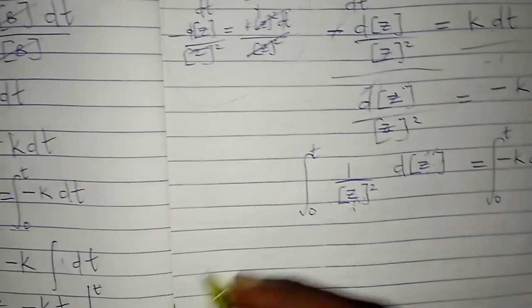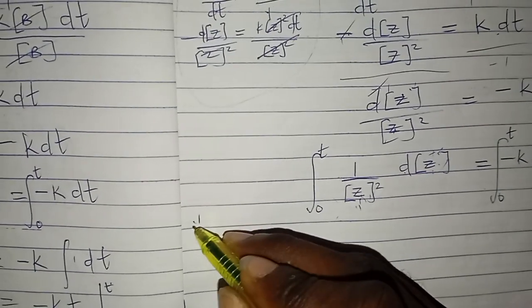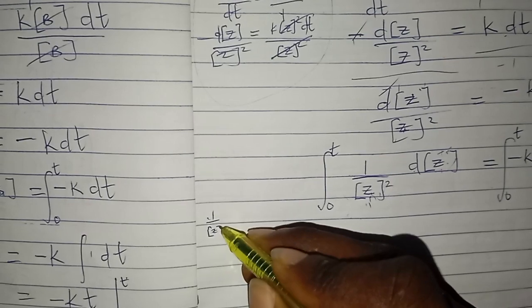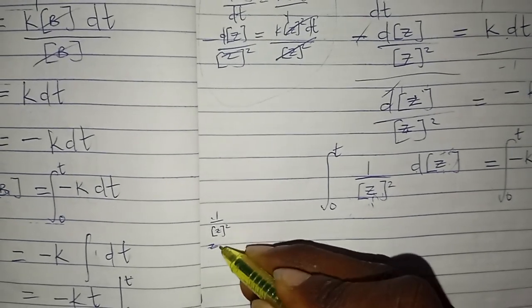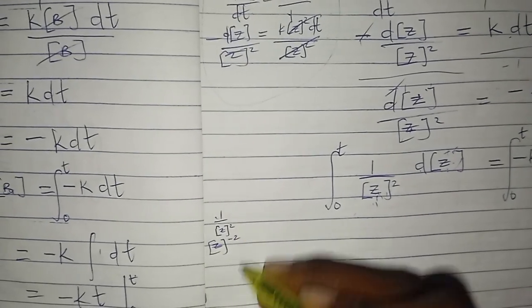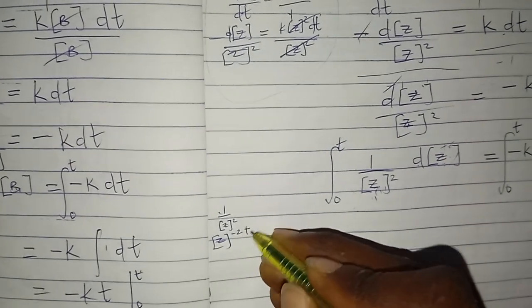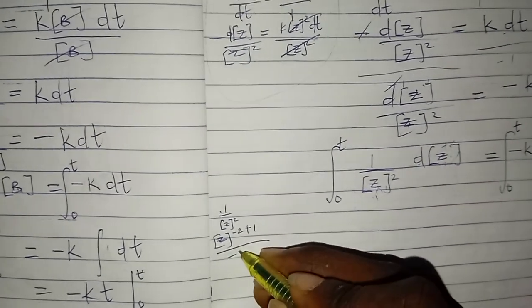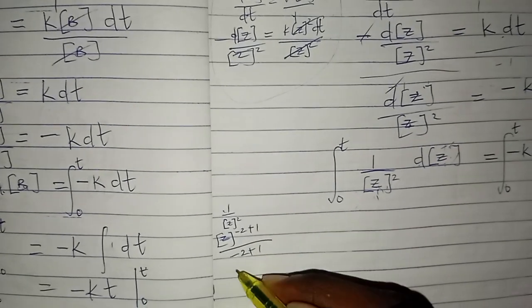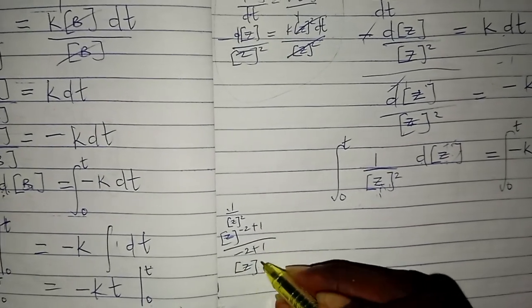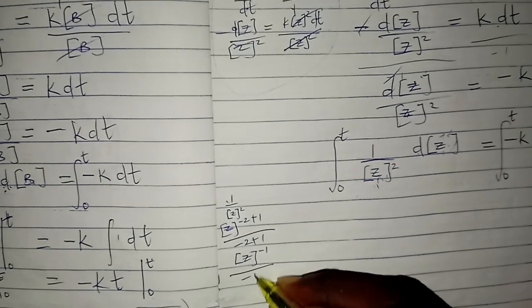So I will now have, let's do it, 1 over z square is the same thing as saying z raised to power minus 2. That is concentration of z raised to power minus 2. And integration says add 1, then divide by the whole power. So this becomes -1 all over -1.